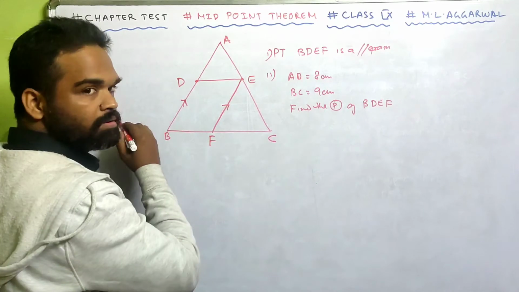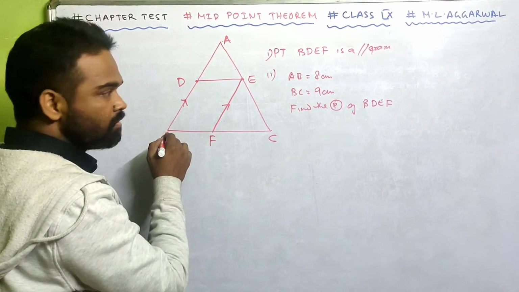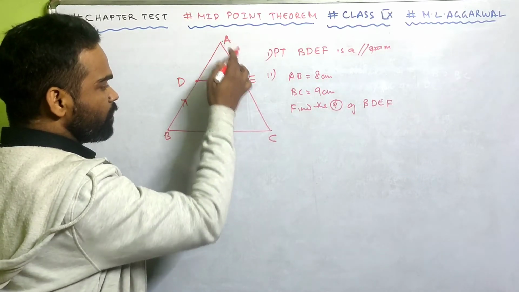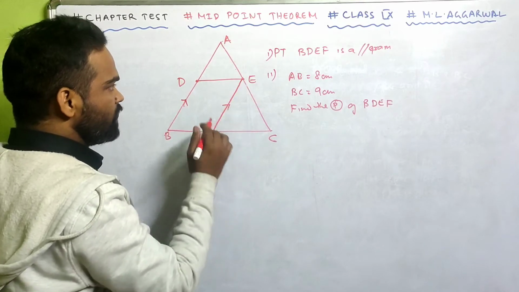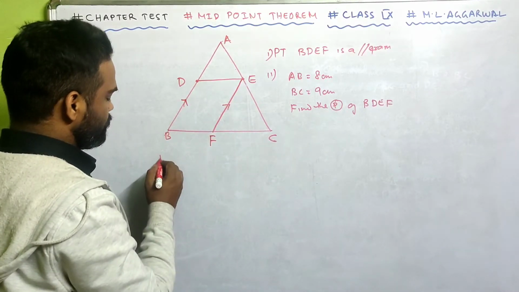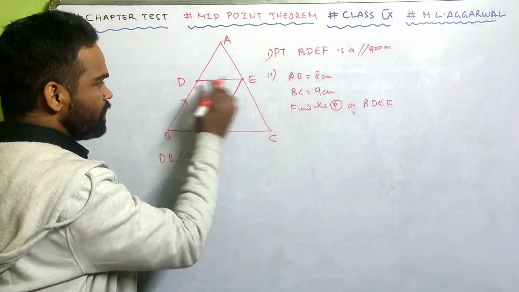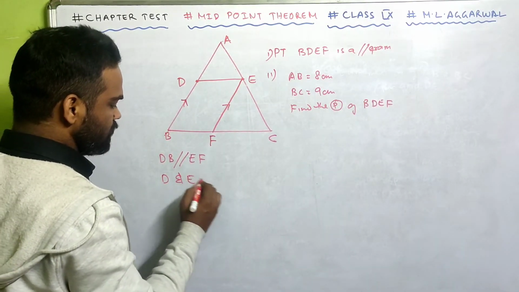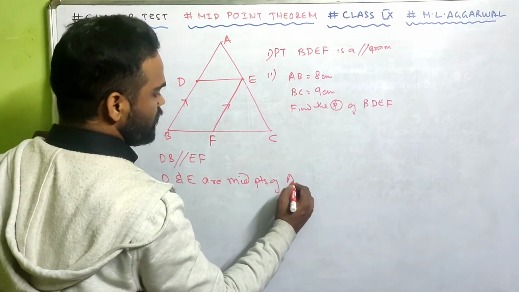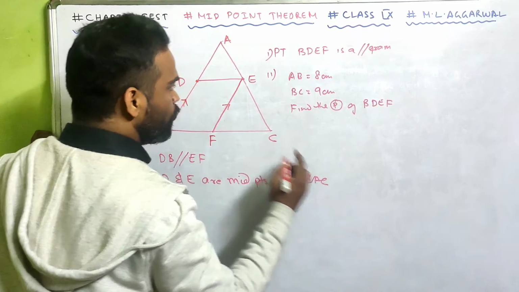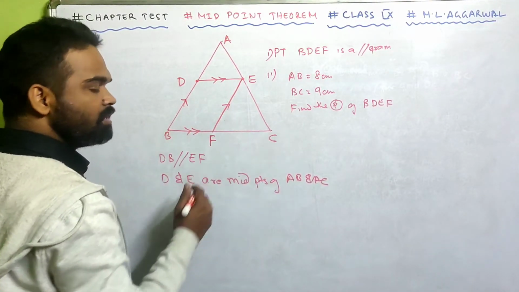D is the midpoint of AB and E is the midpoint of AC, and AB is parallel to EF, which means DB is parallel to EF. No doubt in that. Now D and E are midpoints of AB and AC, which simply means DE is parallel to BC.